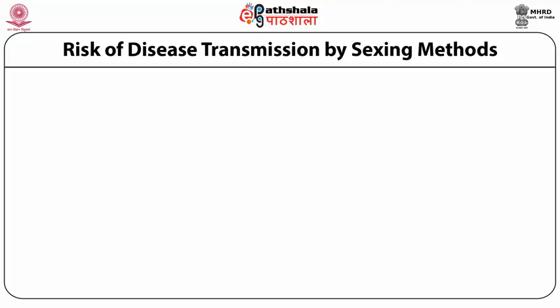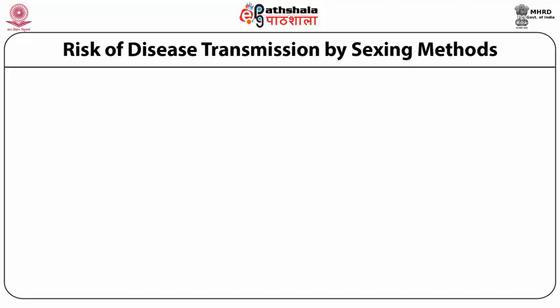So these techniques seem attractive, but they also suffer with some disadvantages. An important disadvantage is the risk of disease transmission. While doing sexing of sperm or sexing of embryo, it is possible that contamination by certain pathogens may occur.